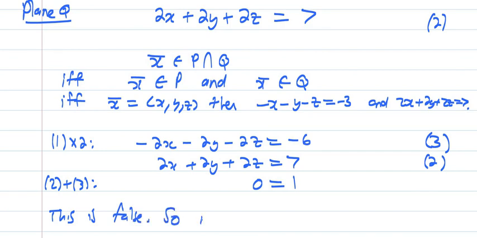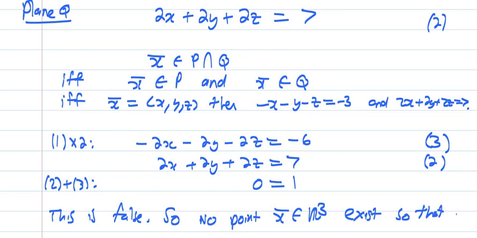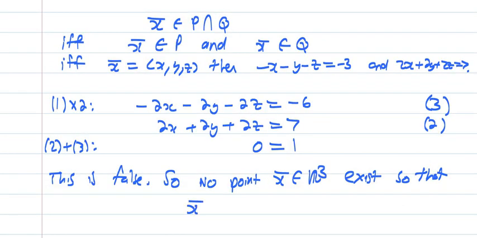So no point x, no 3D vector x exists, so that x is sitting in P intersect Q. Hence, the intersection is the empty set.